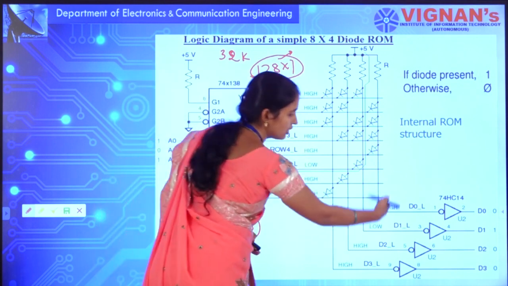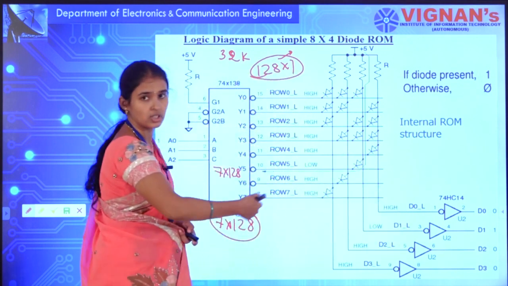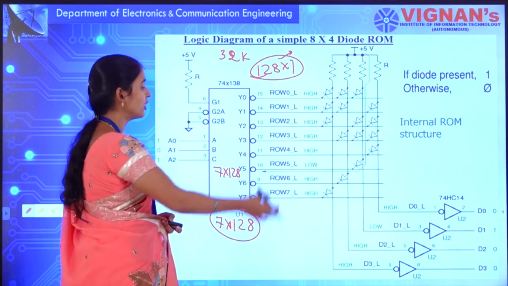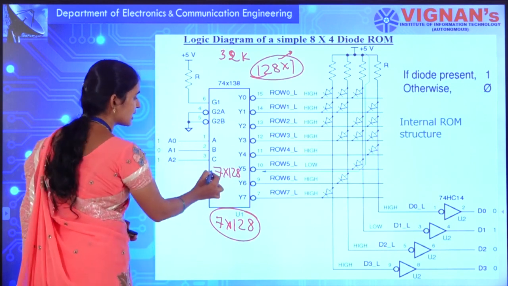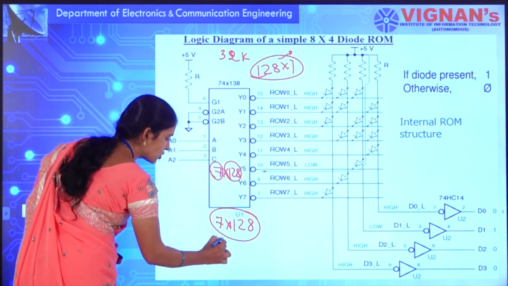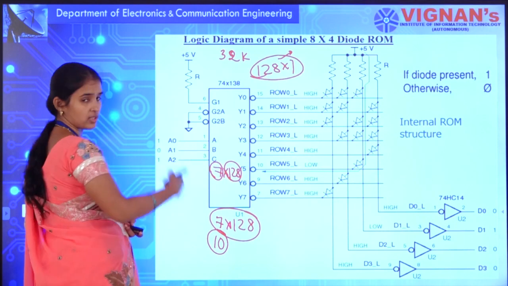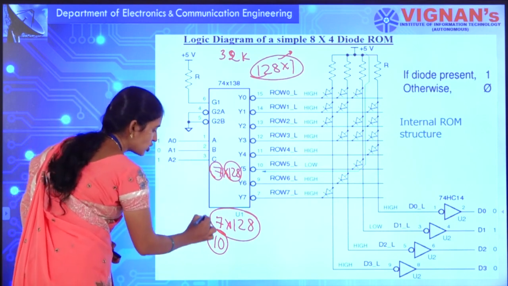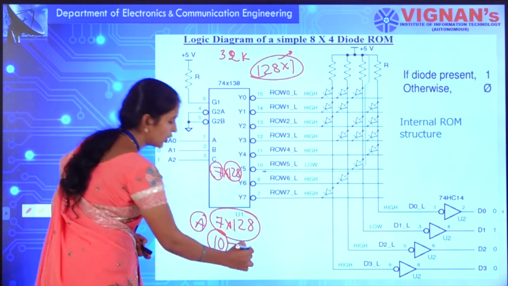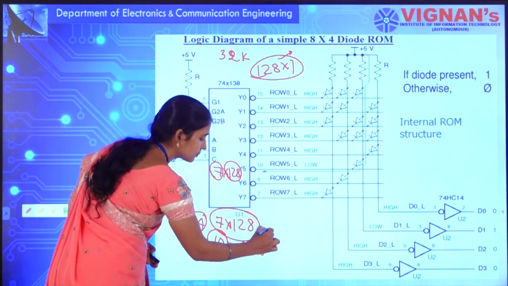After that you will again have more buffers, so the complexity of the circuit will increase. And if I take 10 inputs, 10 address lines, what happens? The output of that decoder will be 2 power 10.